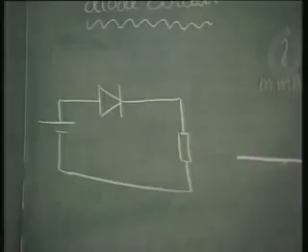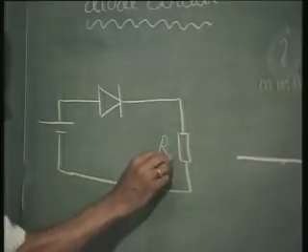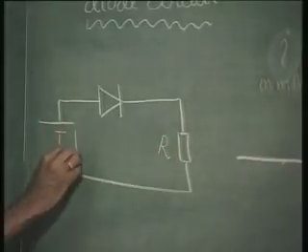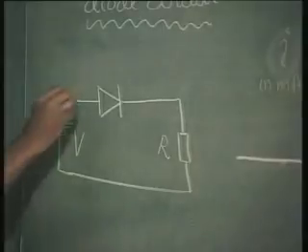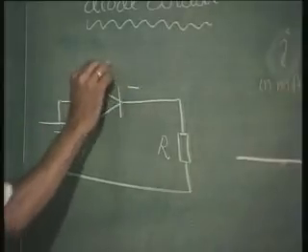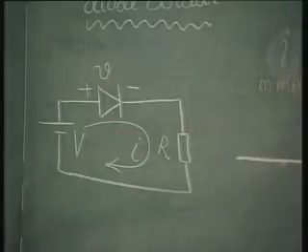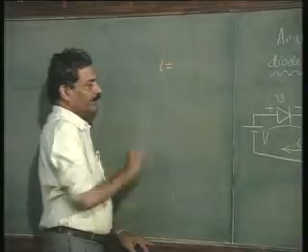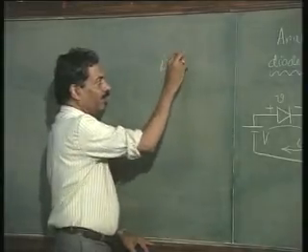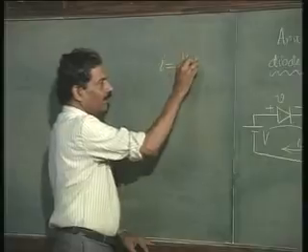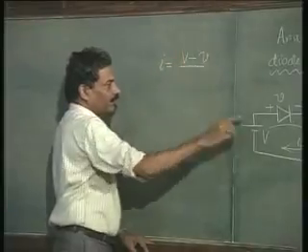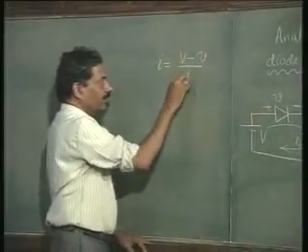Such a circuit can be analyzed if this is R and this is V. The voltage across the diode we will call V, and the current through the circuit as I. Then we saw that I can be written as (V minus V), this V minus this, divided by R.